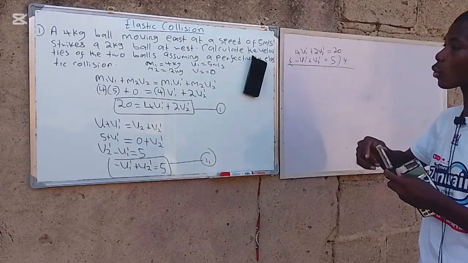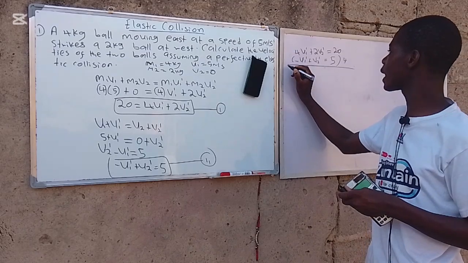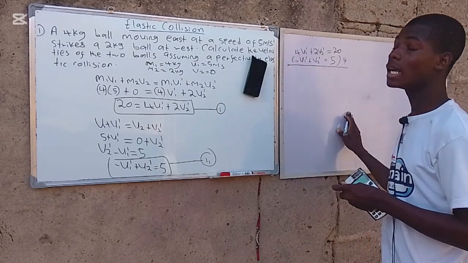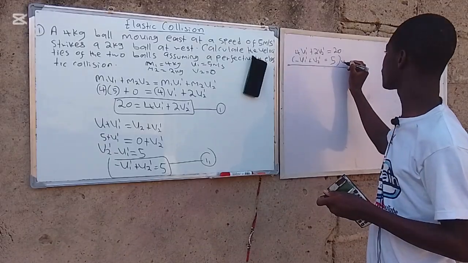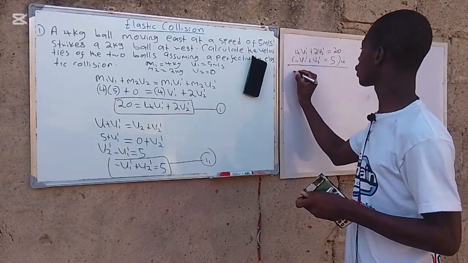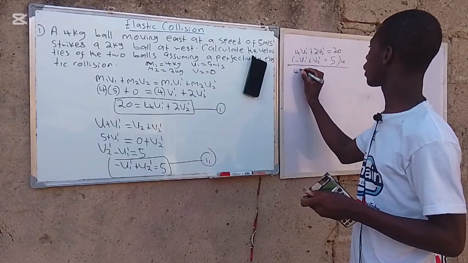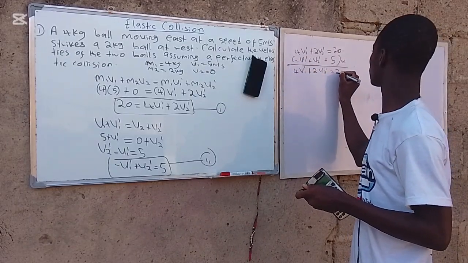This is a simultaneous equation. You can apply Cramer's rule to find it, but if you prefer, you can use the elimination method. So let's use the elimination method by multiplying this by 4. Let me write this down. I'll have 4 v1 prime plus 2 v2 prime equals 20.